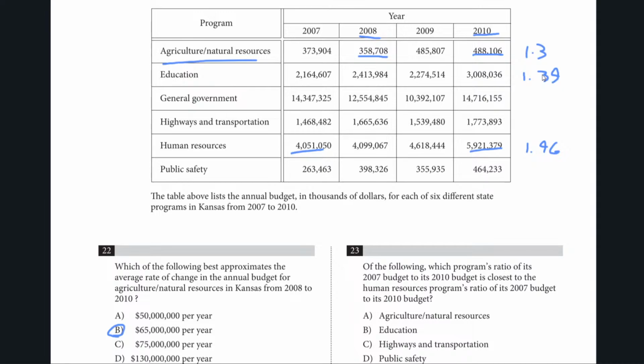Highways and transportation is 1,773,893 divided by 1,468,482. It's a 1.27, 1.207 actually. And public safety is 464,233 divided by 263,463. That is a 1.76. The closest one to this is education.